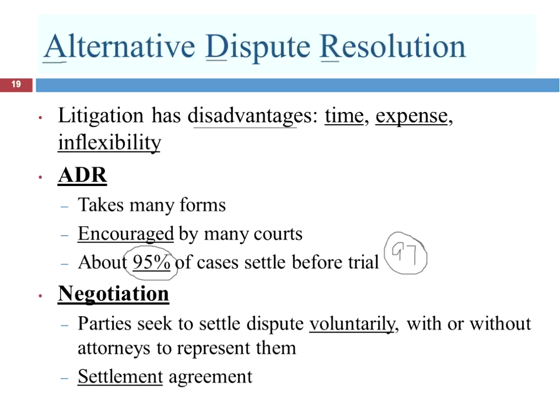How am I going to meet my financial obligations month to month until we get to trial? And so this time lag is not just inconvenient, but it can be devastating financially to someone. They can lose their home. They can not be able to feed their children. And so if you settle the case, and you get money now, even if it's less money than you could have gotten at trial, that may be much more important.